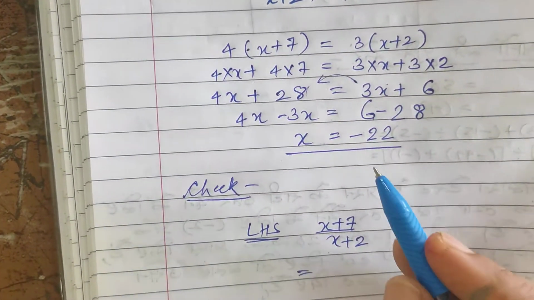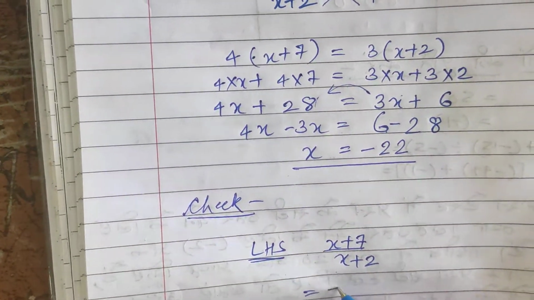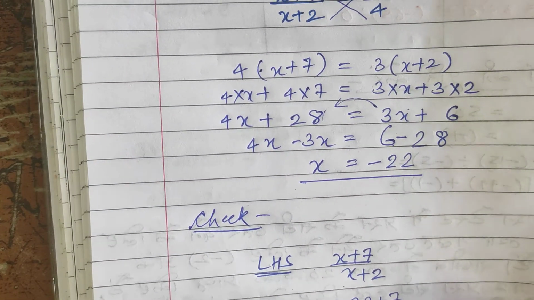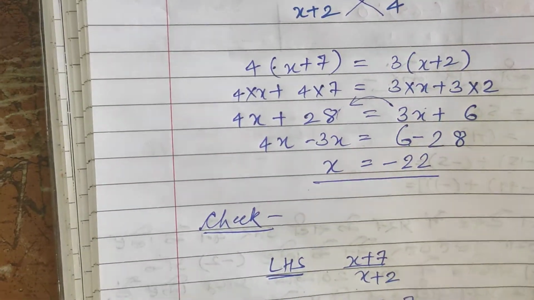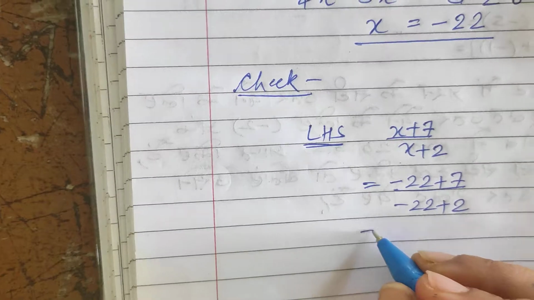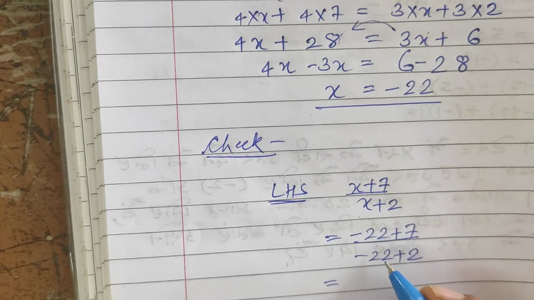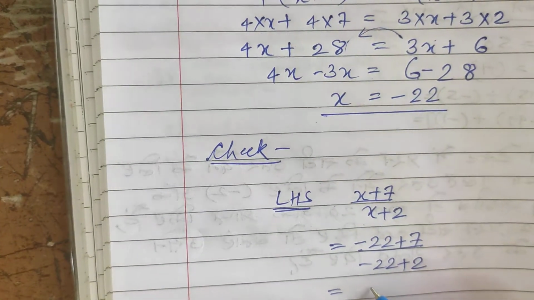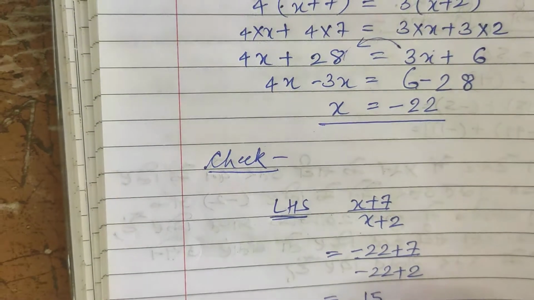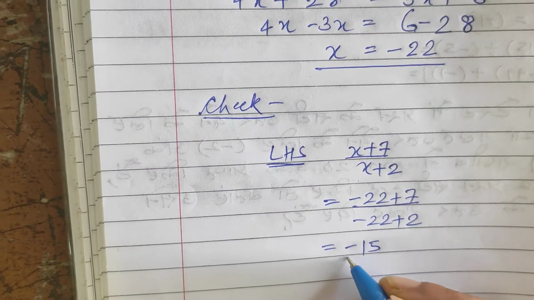So x we have got minus 22. So minus 22 plus 7 and minus 22 plus 2. So minus 22 plus 7, it will be minus 15, sign of the bigger number.